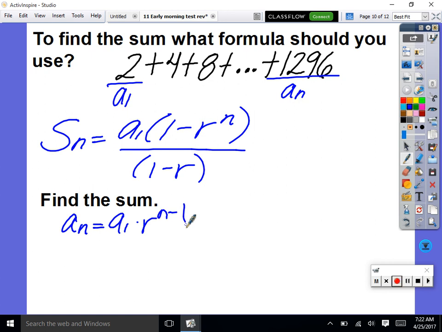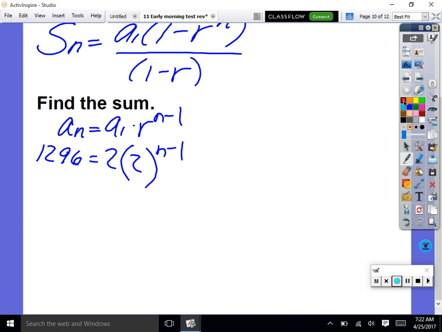A sub n is 1296. A sub 1 is 2. Our common ratio is 2, raised to the n minus 1. Solve for n now. N would be the number of terms we're summing up. So my first step is divide by 2. Get rid of that. So 1296 divided by 2 is 648 equals 2 to the n minus 1.